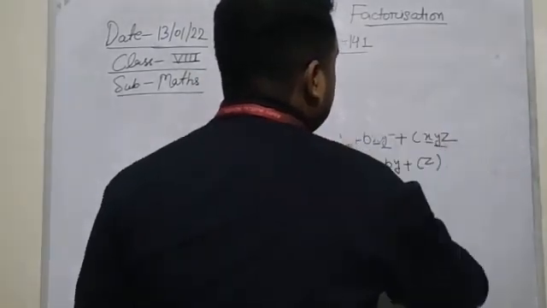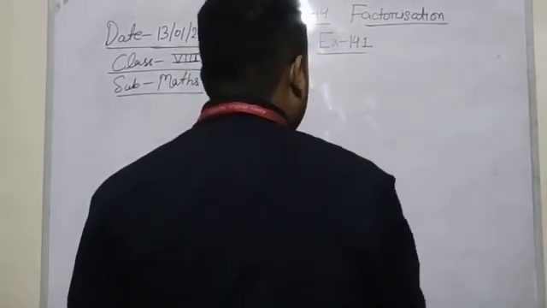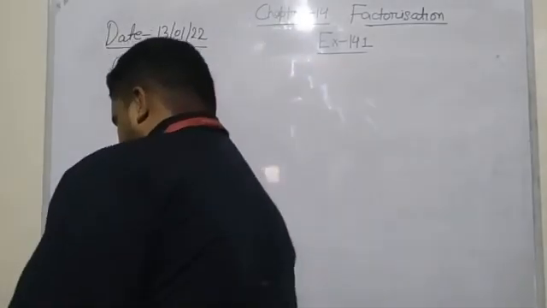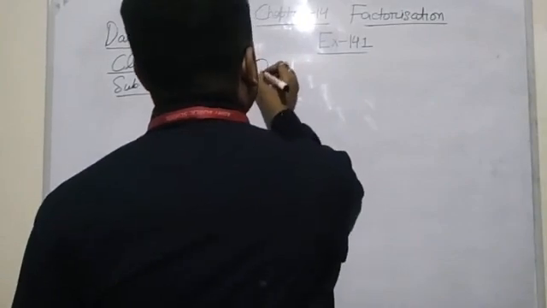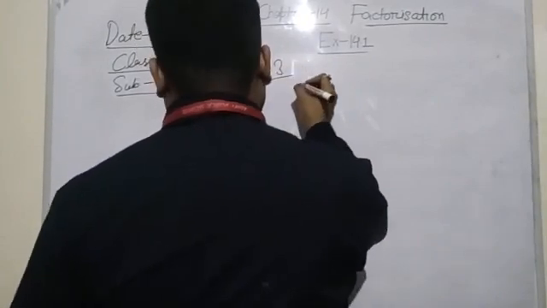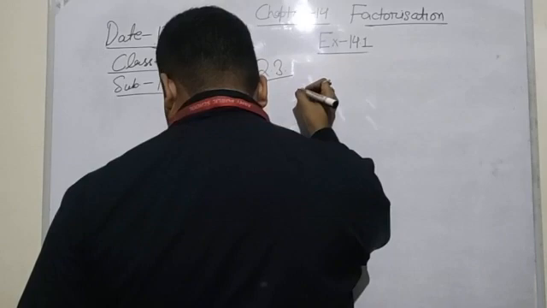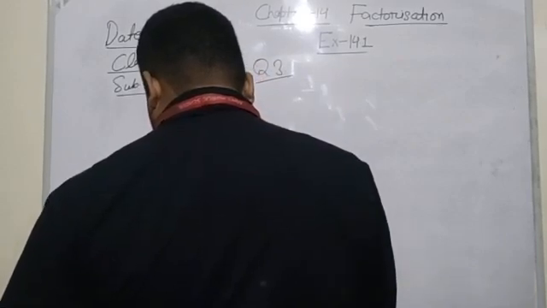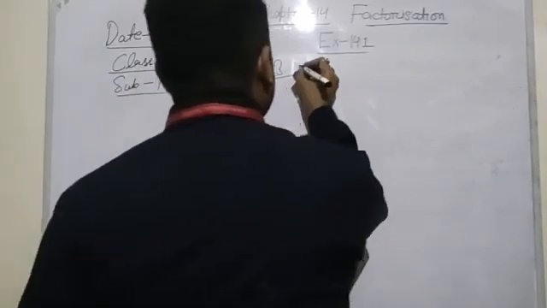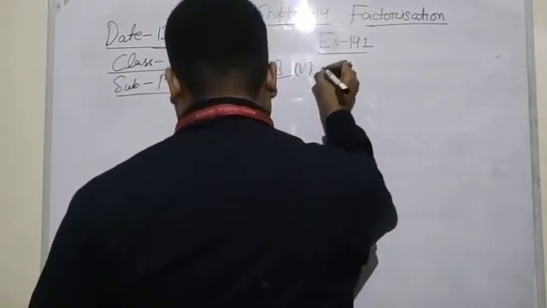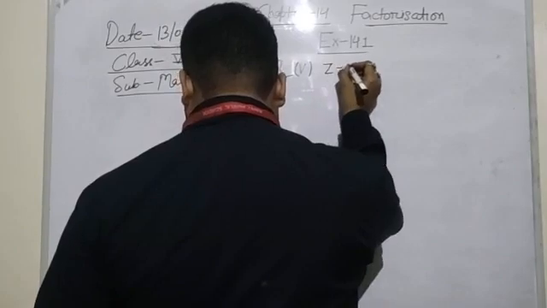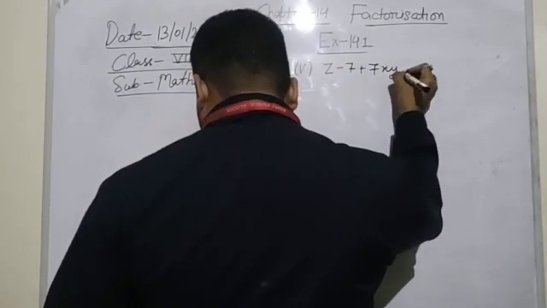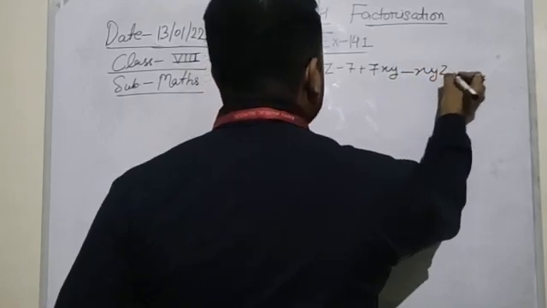Now question number 3rd, we have to factorize by the regrouping method. I am going to solve 5th part, that is z minus 7 plus 7xy minus xyz.